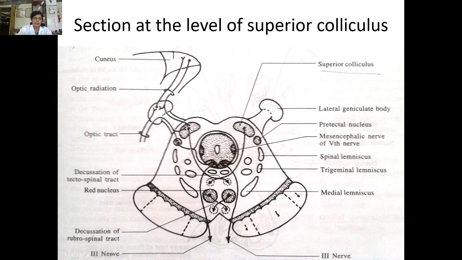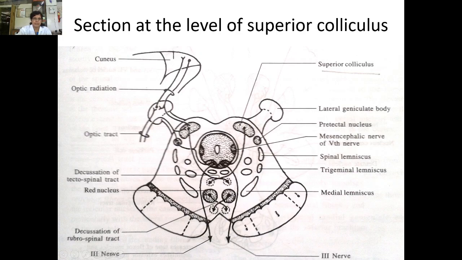It is ovoid or oval in shape, about 0.5 centimeter or 5 millimeter in size, and it is called the red nucleus because in a fresh cut section it appears pinkish due to the presence of an iron-containing pigment in the neurons of the red nucleus. So it is called the red nucleus, which is pinkish in color.